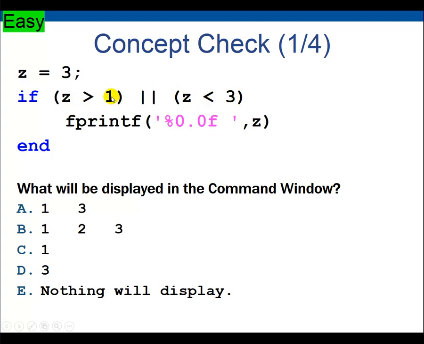The left one is true and the right one is false, right? Because z equals 3. One of them is true, and we have the OR operator, so it's true. The value will show up with 0 decimal places. The answer is D.